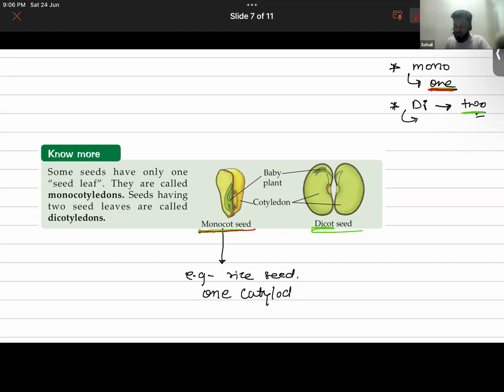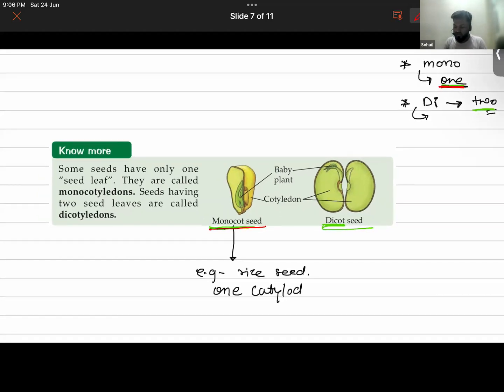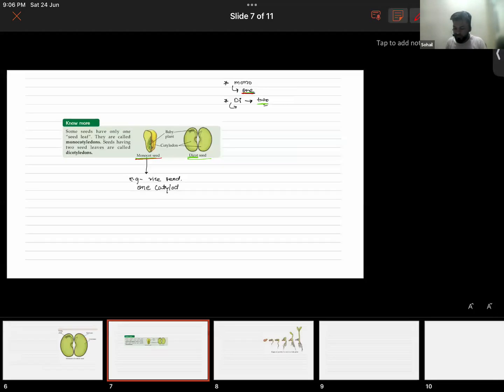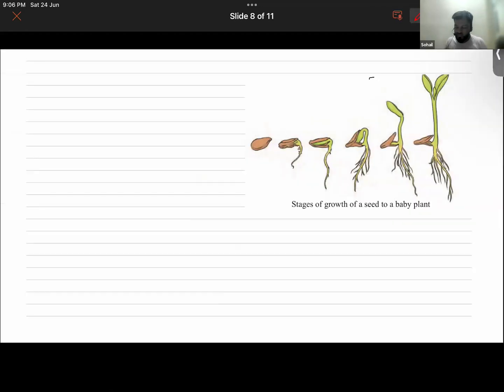Okay, now since you have understood this, let's come to germination. Let's talk about germination of the seed. Any idea about this one, germination? I don't know.